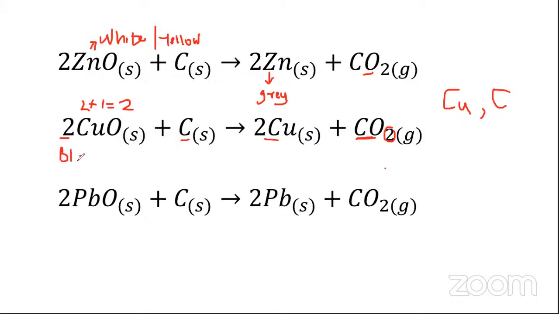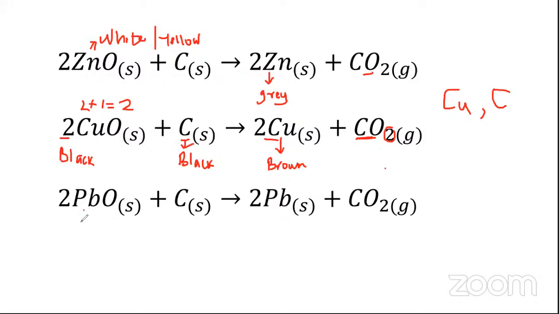Carbon is also black. Then we are forming a brown solid. Copper as an element or as a metal is brown, just like how you look at copper wires, they are brown. And again, carbon dioxide is a colorless gas.